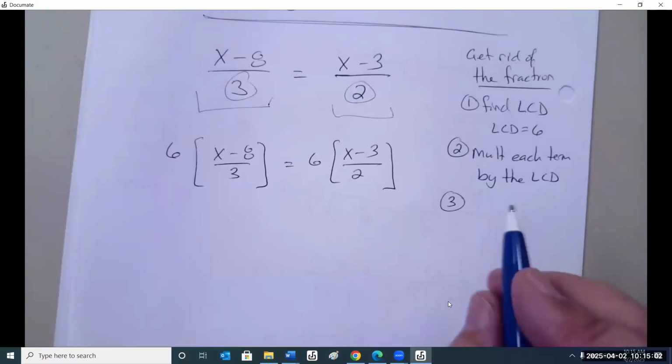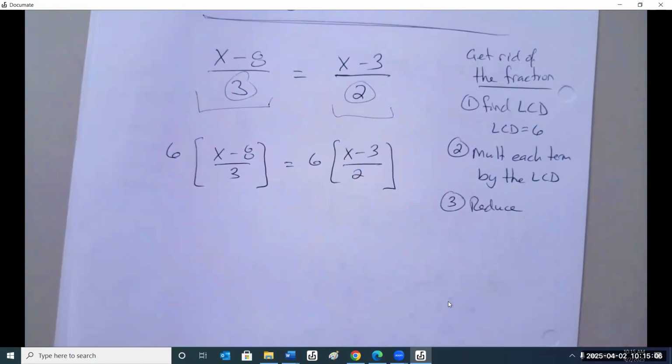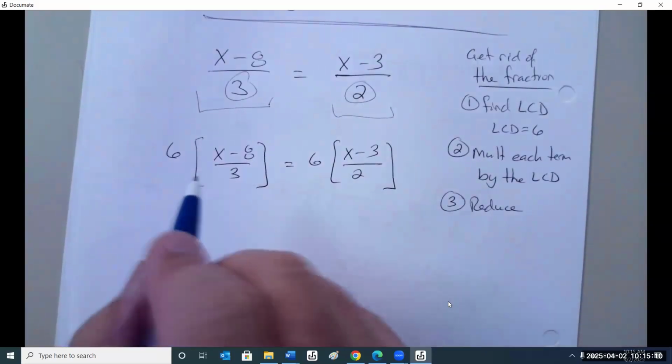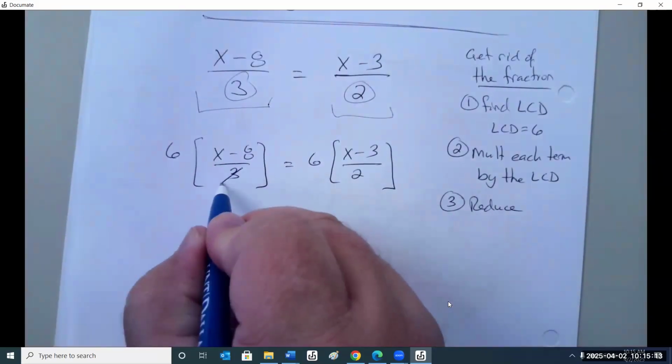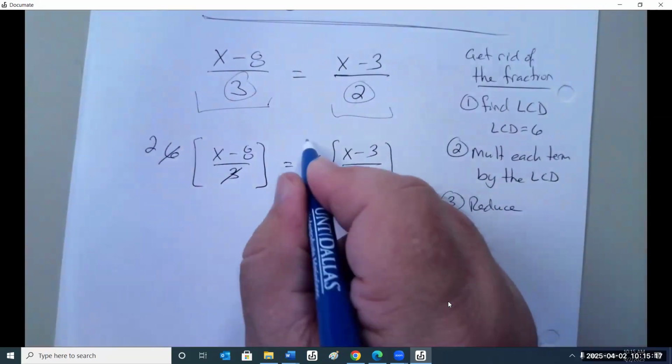Third step: reduce, cancel. Here we get rid of the fractions. So the 3 goes into 6 2 times. 2 goes into 6 3 times.